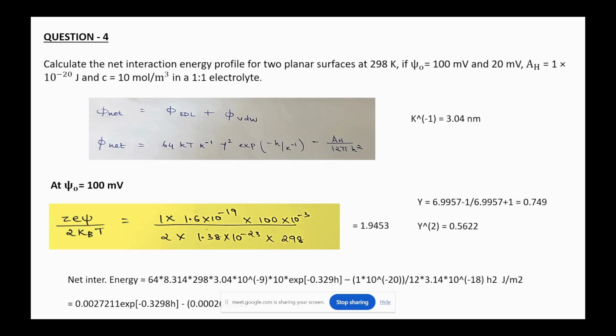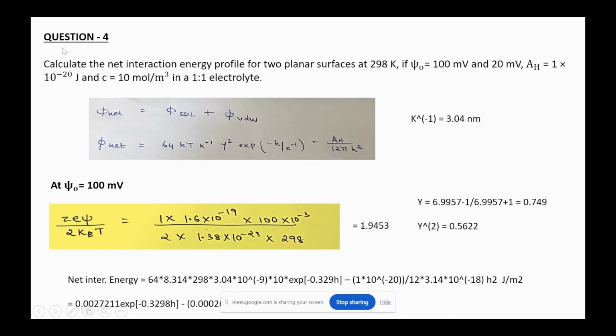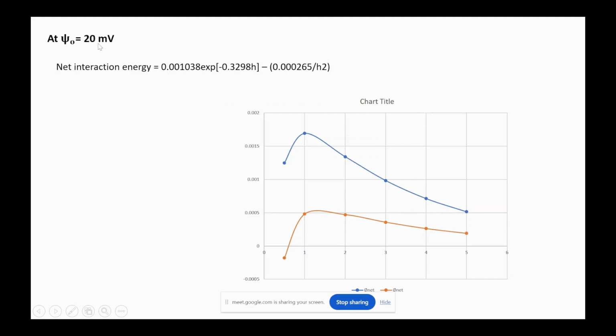After that we solved a problem and discussed how this net interaction energy changes with different parameters. One of the parameters we took was the variation in the surface potential. We assumed two different surface potentials, 100 millivolt and 200 millivolt.